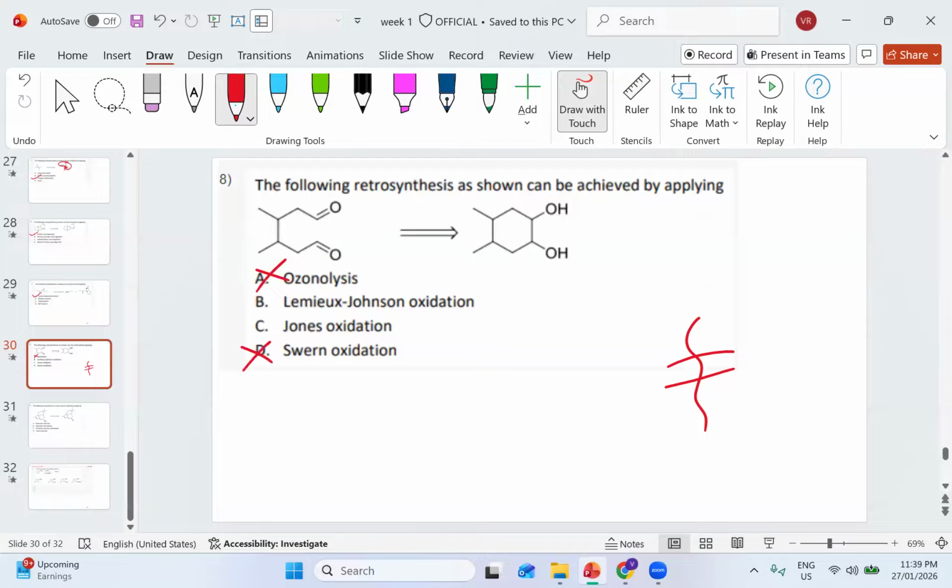So this is wrong. Again, the Swern oxidation is basically useful for the oxidation of alcohols, but it doesn't really cleave the bond. So this double bond, it will not be able to cleave. It's a similar case with the Jones oxidation. I'm not pretty sure how this Lemieux-Johnson oxidation works, but I recommend you refer to the reaction mechanism.